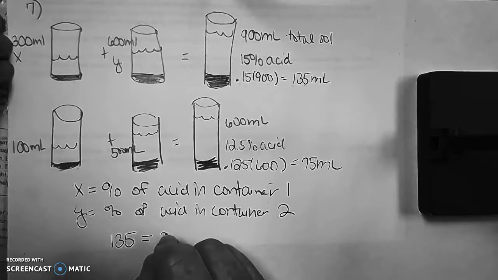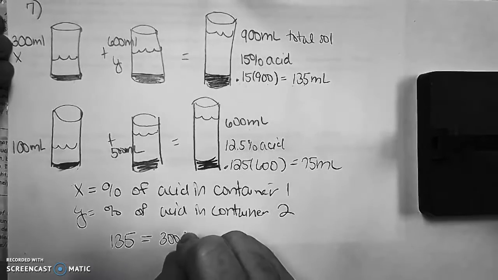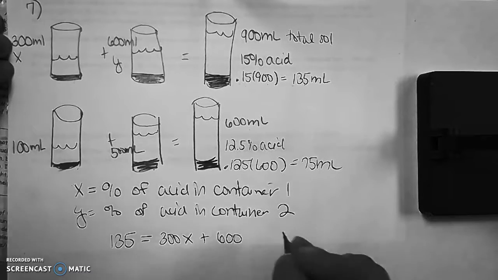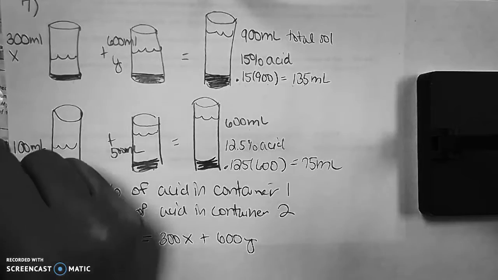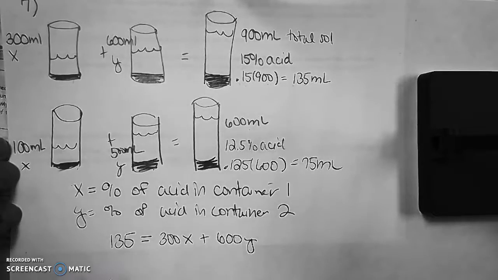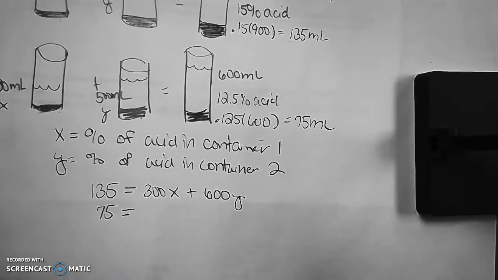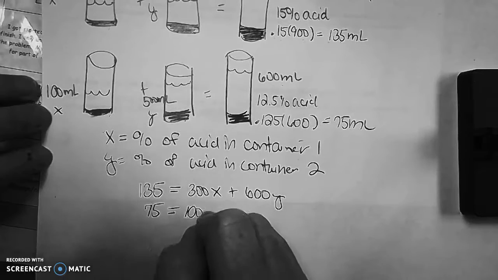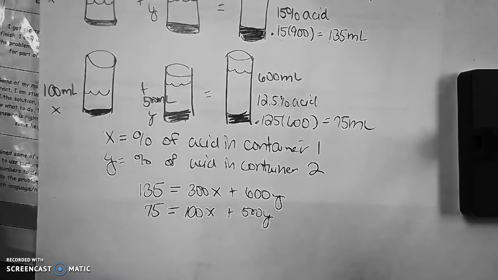I'm going to take the 300 milliliters and multiply it by the percent of acid, X. For container 2, I would take 600 milliliters and multiply it by Y. Same thing at the bottom. The total amount of acid in the second mixture is 75 milliliters. That 75 milliliters comes from some of it being in mixture 1 and some of it being in mixture 2.